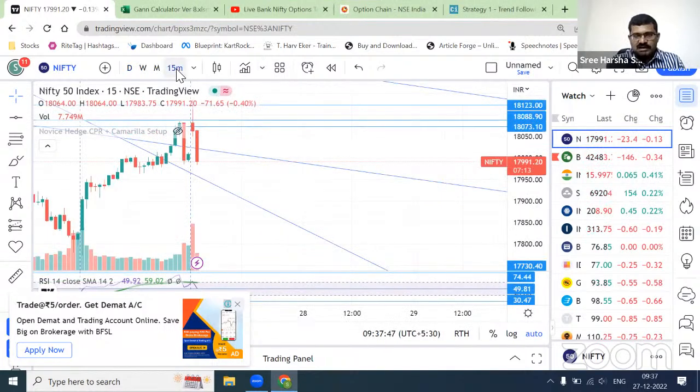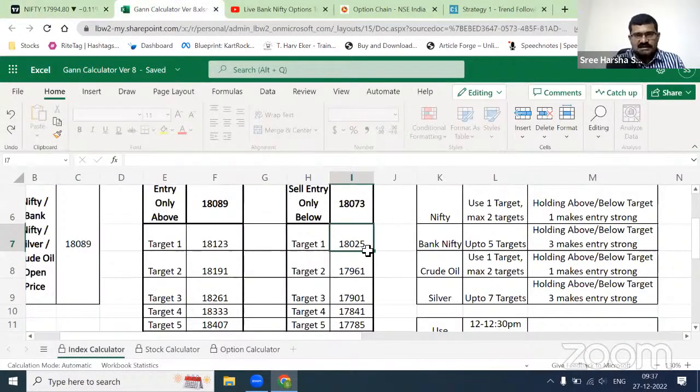Now, if we look at the reversal angle, then the most important thing as per our GAN calculator is that we need to start trading above 18,025. That is very important. And for Bank Nifty, we need to trade above 42,771, or at least this is the first level. We are at this level, right? Yeah, at least above this level.